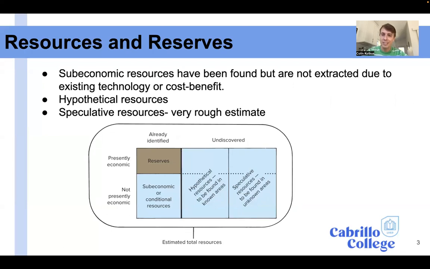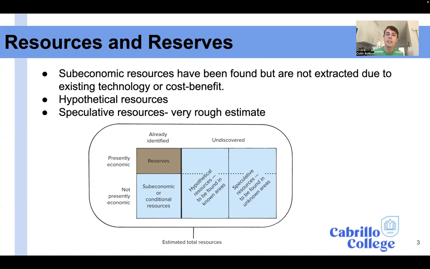Sub-economic resources are reserves, or not reserves, but resources that have been found. We know they exist, but we can't extract them for whatever reason. Whether the technology to extract them doesn't exist, it's not possible with our current understanding of earth sciences and chemistry, or the cost of extracting it is too high.